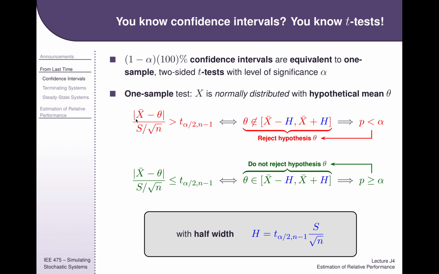If I were to keep generating estimates of the sample mean, so I take 10 data points from the simulation and generate a sample mean, then take another 10 data points and generate another sample mean, and do that over and over so that I get 100 sample means, and then took a histogram of those sample means, it would look pretty much bell-shaped, and the standard deviation of that bell shape would be this denominator down here.